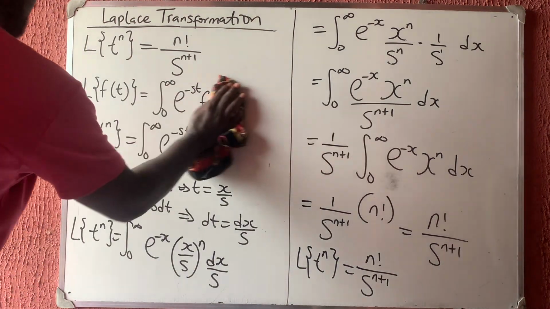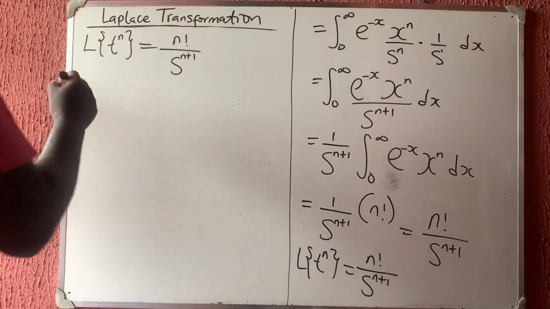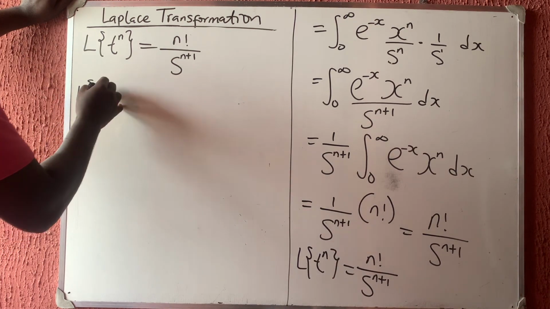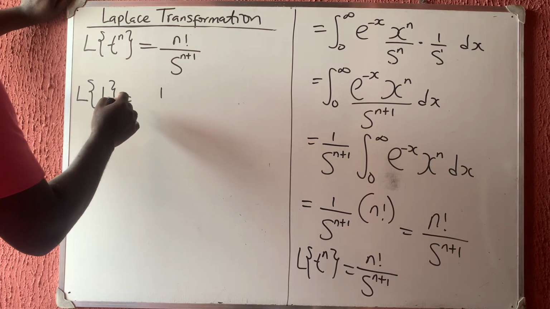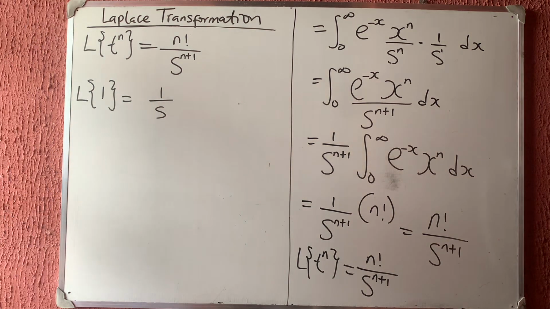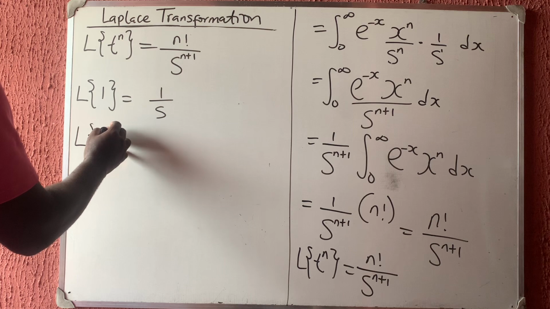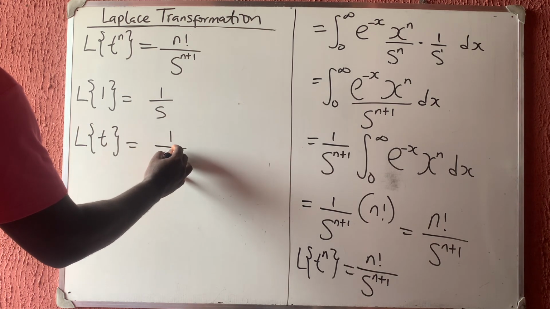Now the second way of proving it is that we know, and we proved in our former video, that the Laplace transformation of 1 is the same thing as saying 1 over s. We got that in the former video. Then we know again that the Laplace transformation of t is 1 over s squared.